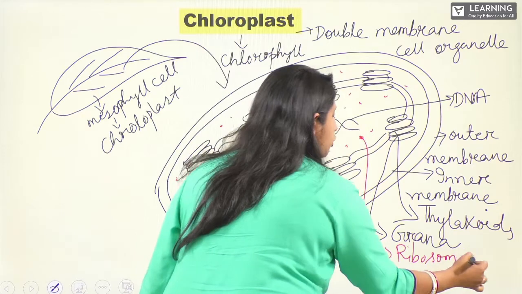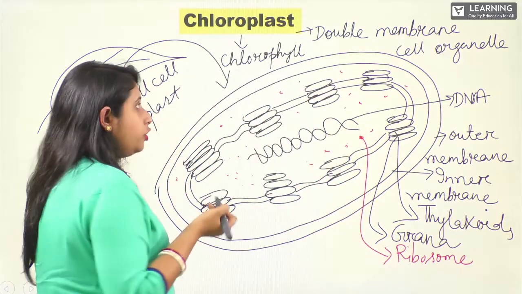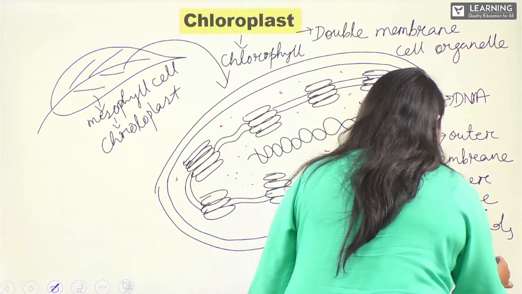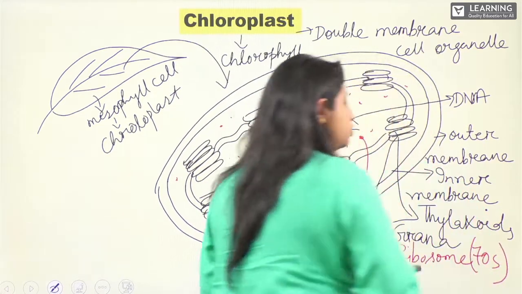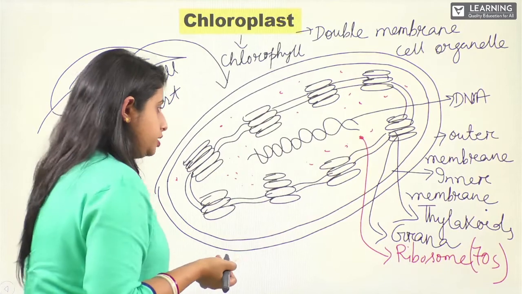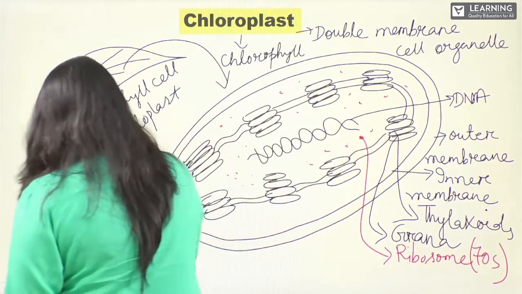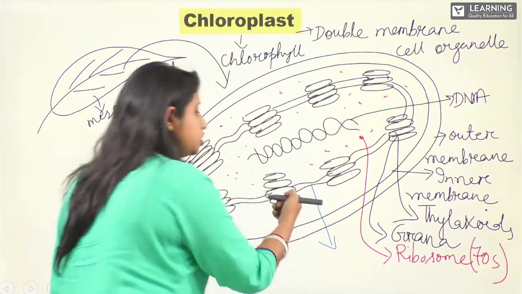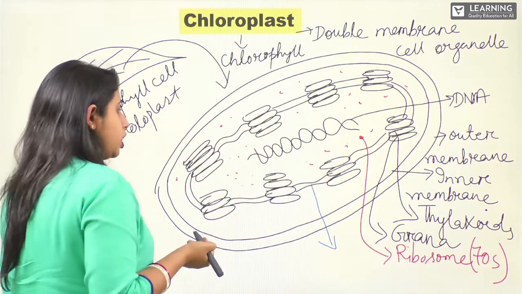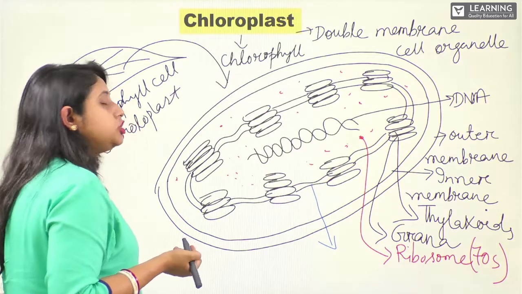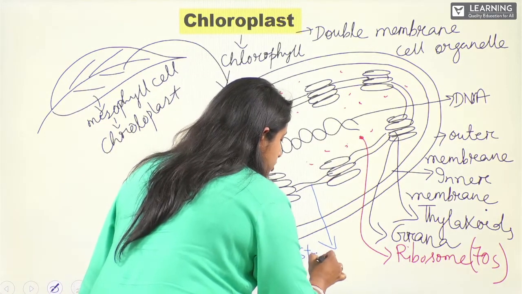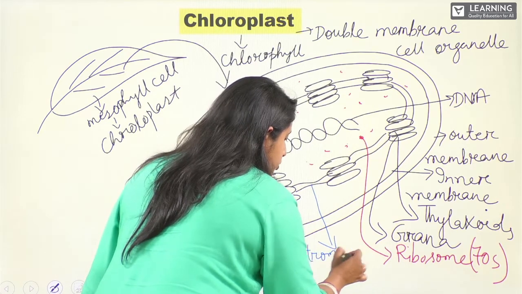In the chloroplast, the ribosome is 70S. And these structures joining the thylakoids are known as stroma lamella.